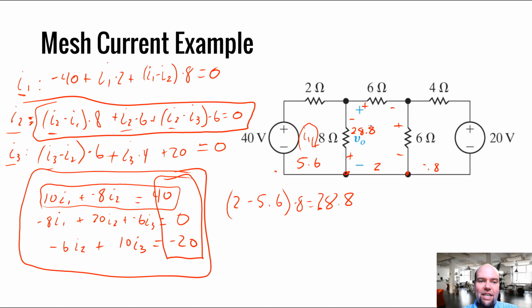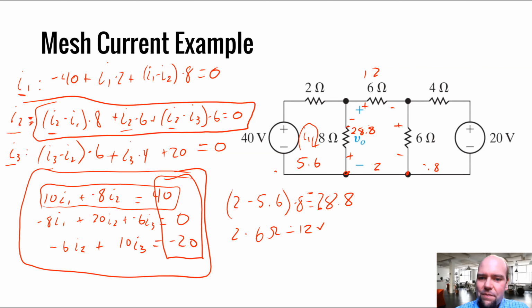Now the voltage drop across the 6 ohm, that's easy. That's just 2 amps times 6 ohms, which is 12. So we went down negative 28.8, then down 12.